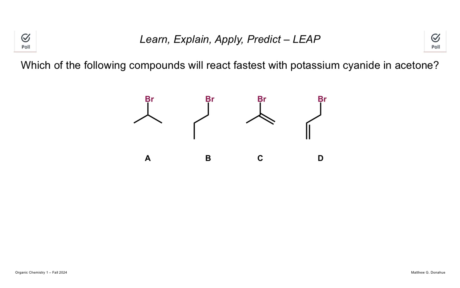So let's do one question before we wrap up. If you are given 4 electrophiles and then 1 nucleophile, which one of those would react the fastest by SN2?